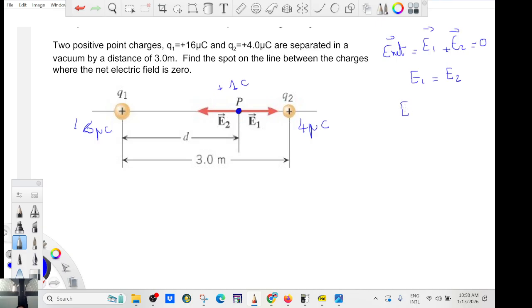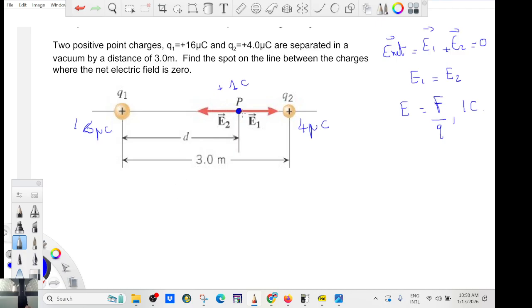So again, the electric field is the force per coulomb. So the force for 1 coulomb. So you want to find E1 equals E2. And you use Coulomb's law.